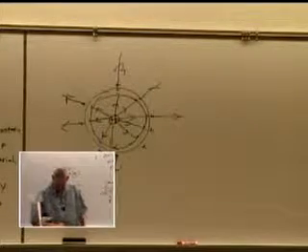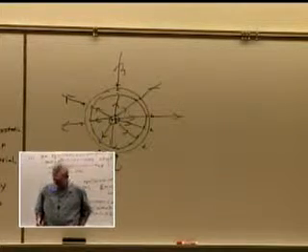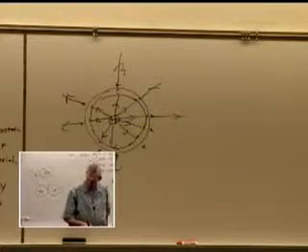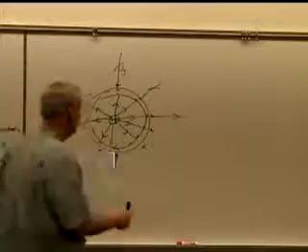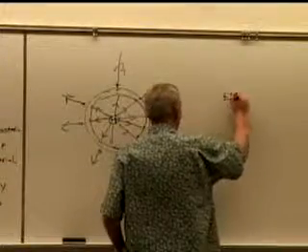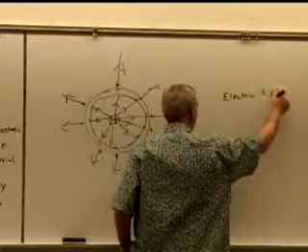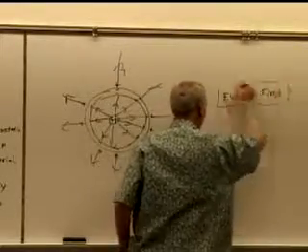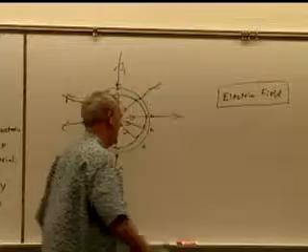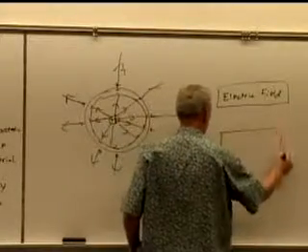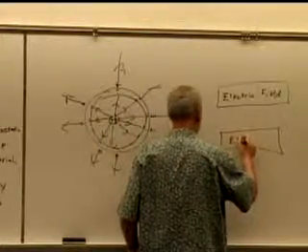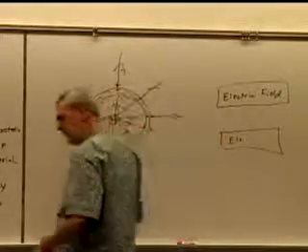All right. We're going to talk about two things here. We're going to put two ideas together. We're going to talk about the electric field, which we've already talked about extensively, and it's probably still mushy in your head because this stuff is not easy.